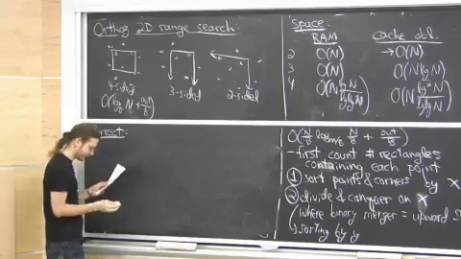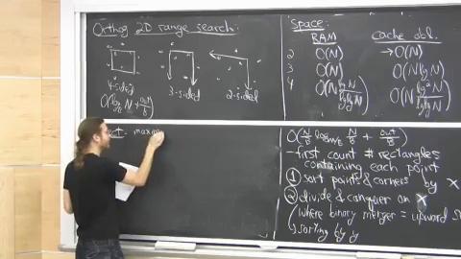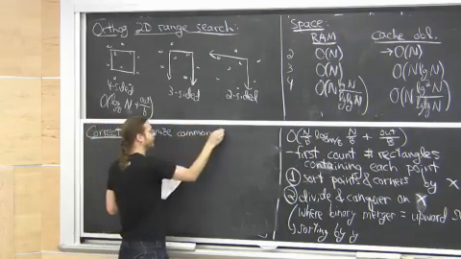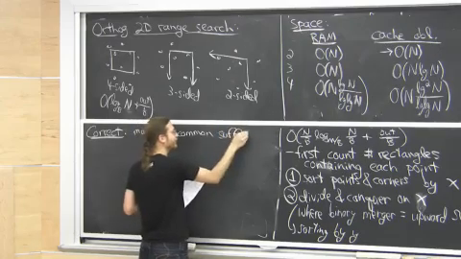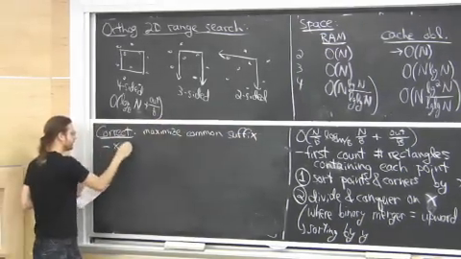I have written here, I didn't read this before, this one line. It says maximize common suffix. I have no idea what this means, but maybe it will mean something by the end. Let's see. Okay. Here, this is the part I've read.